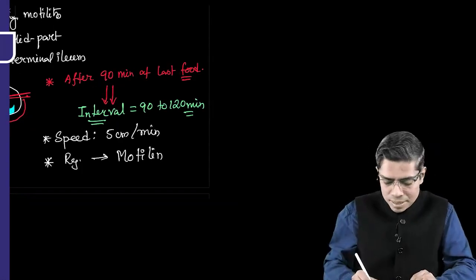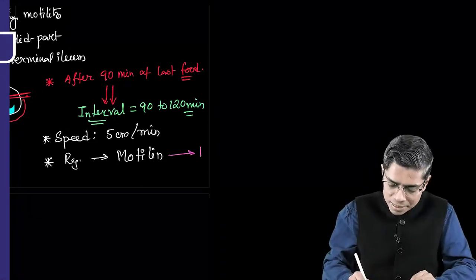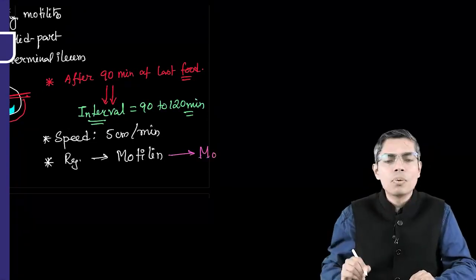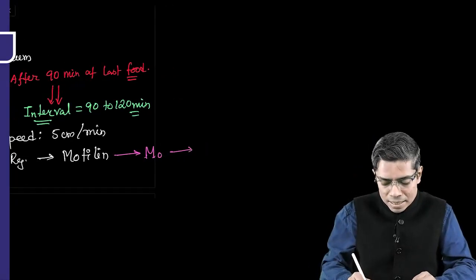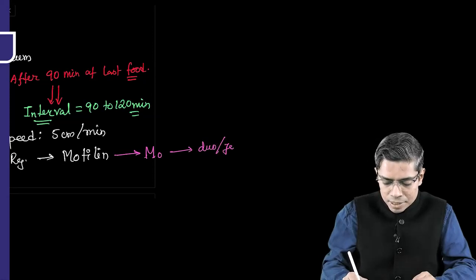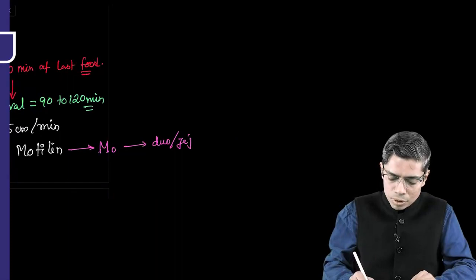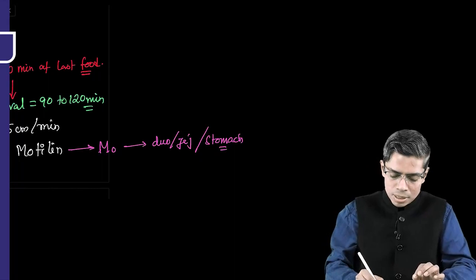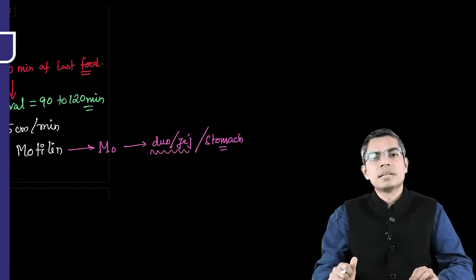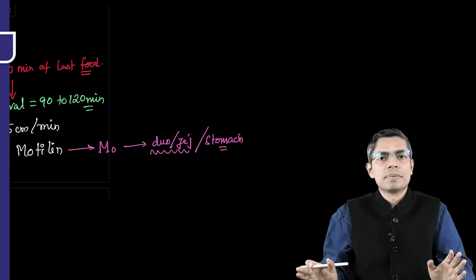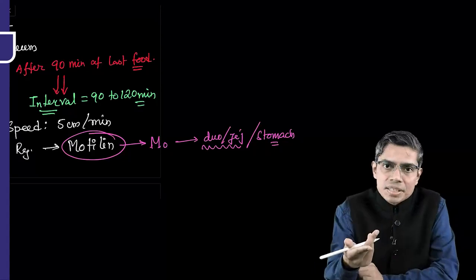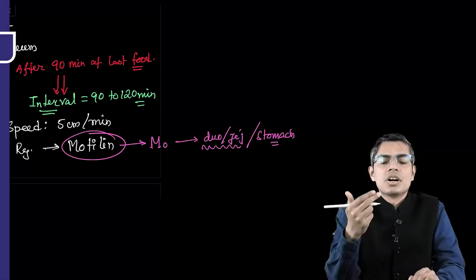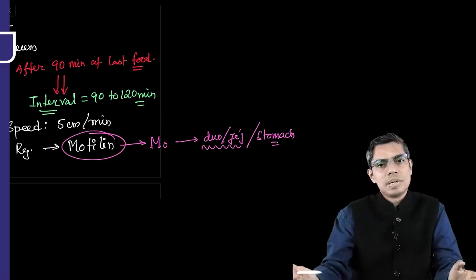Motilin is secreted by special cells in the GIT known as M cells. M cells are located mainly at the level of duodenum and jejunum. They are also located in the stomach and parts of the colon, but the main location of these M cells is duodenum and jejunum. So this hormone is responsible for initiation as well as regulation of the migratory motor complex, right?